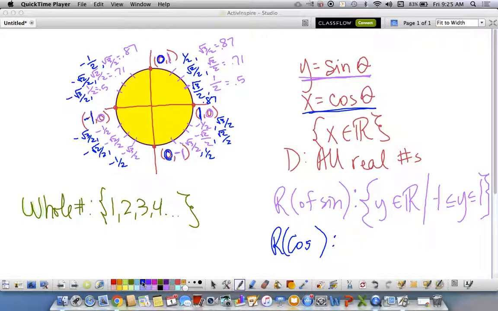Can we ever have an output greater than 1? Can we ever have an output less than negative 1? So your y's, your outputs, are a set of all real numbers, if we can get out any real number as outputs, but we have stipulations. It has to be greater than or equal to negative 1. It must be less than or equal to 1. It's going to be between negative 1 and 1.